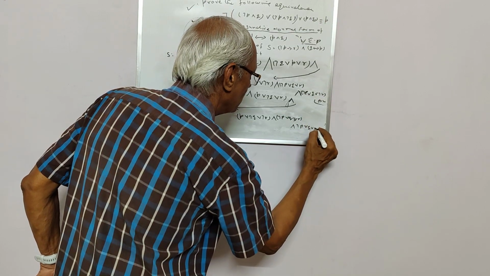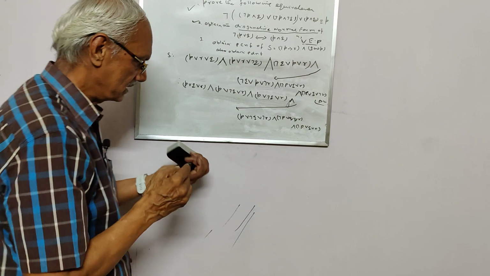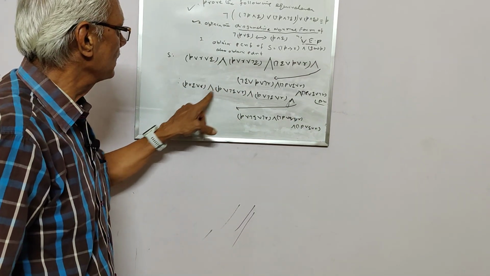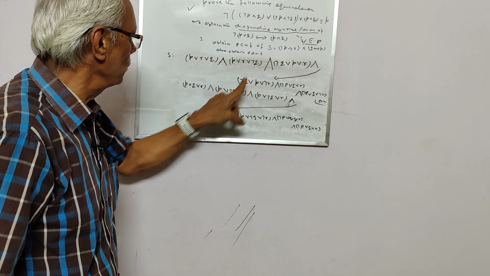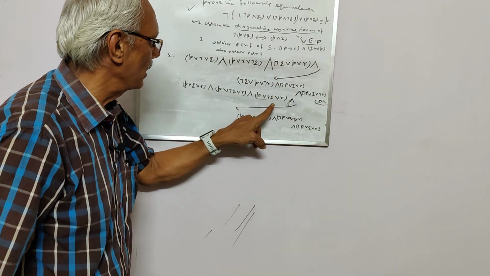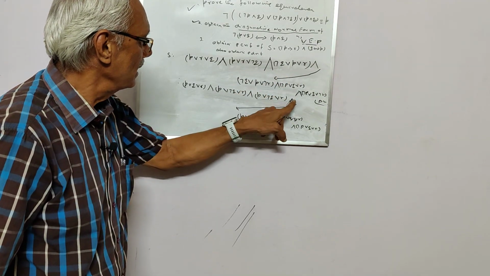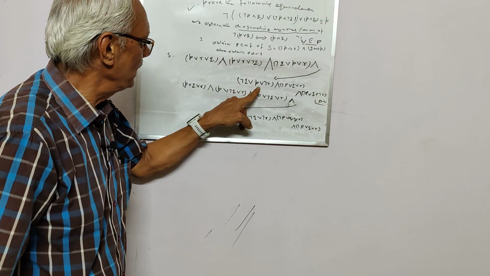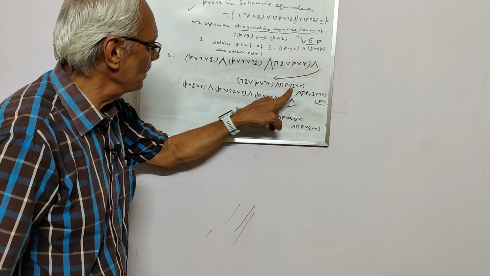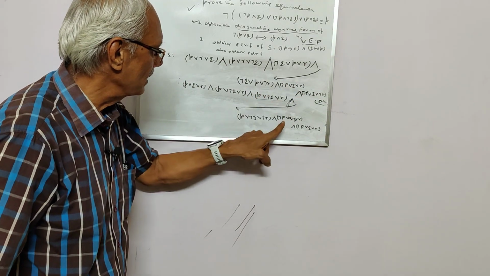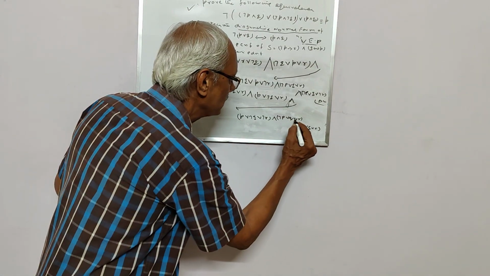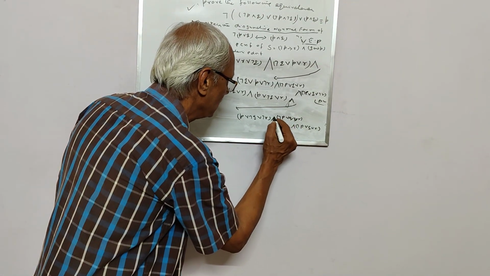We have to be very careful. I repeat: I am rewriting this. P, Q, R. P, negation Q, R. Then again P, negation Q, R. Then the conjunction of P, negation Q, negation R. Then the conjunction of negation P, Q, R. Inside everything is disjunction and these are all conjunction.